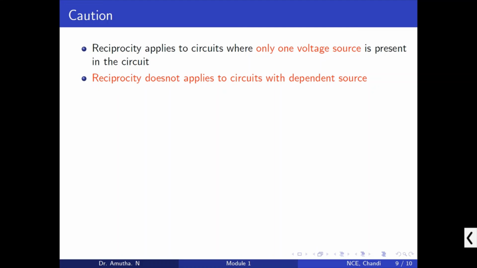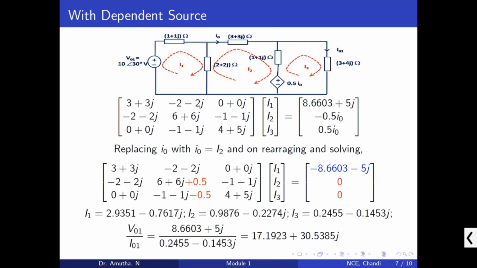If other voltage sources are there, then we cannot apply it. Clearly understand, this is only one voltage source, not a current source. A current source will not work out here. If you want, you can check it also: instead of voltage here, you can apply a current source and try to find it out.